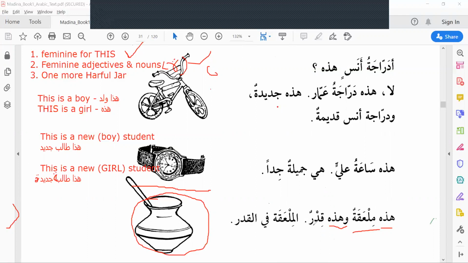There are some words like this. Hadihi qidrun. This is a pot. Hadihi milaqatun wa hadihi qidrun. This is a spoon and this is a pot.